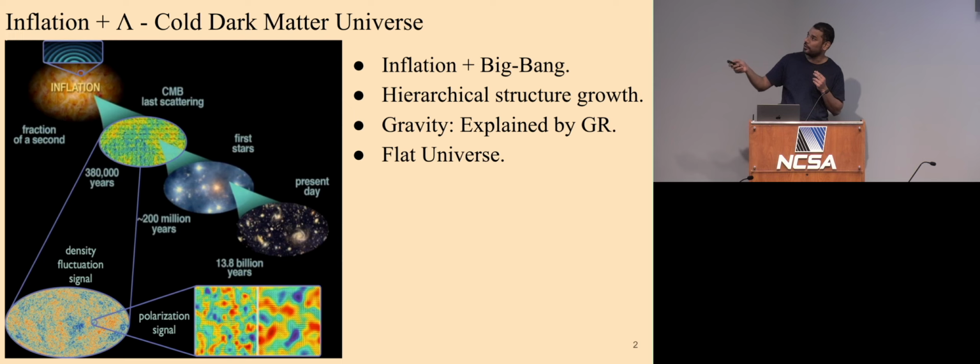First, we believe that there was inflation, that's cosmic inflation, followed by the Big Bang. If someone asks you why did the Big Bang happen, it's because of inflation. We have a very good model, but we are still trying to find evidence for this mathematical model.